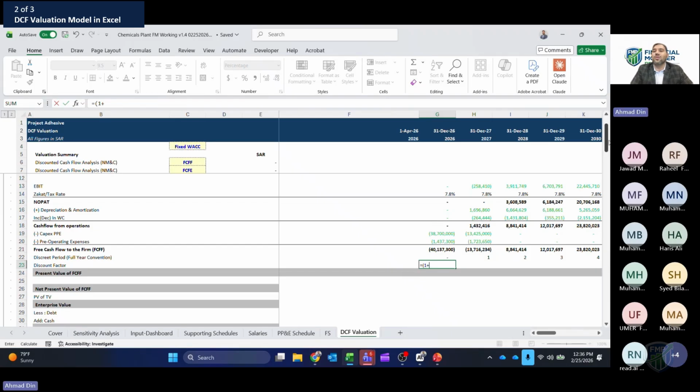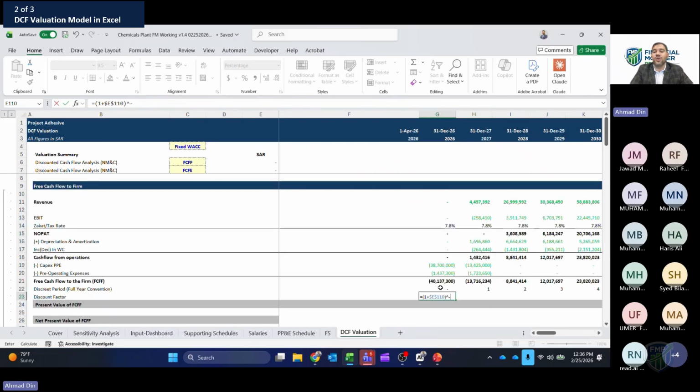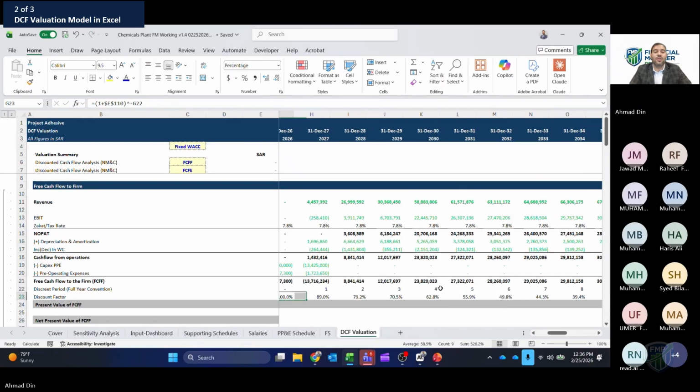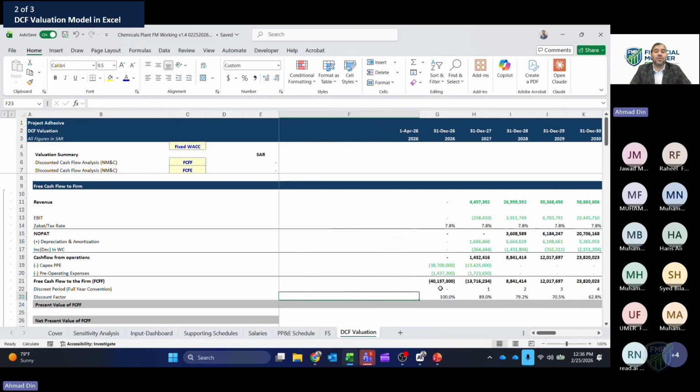It is 1 plus R, our rate, WACC, raised to the power minus the number of years, meaning in which year we are. Okay, it's clear.